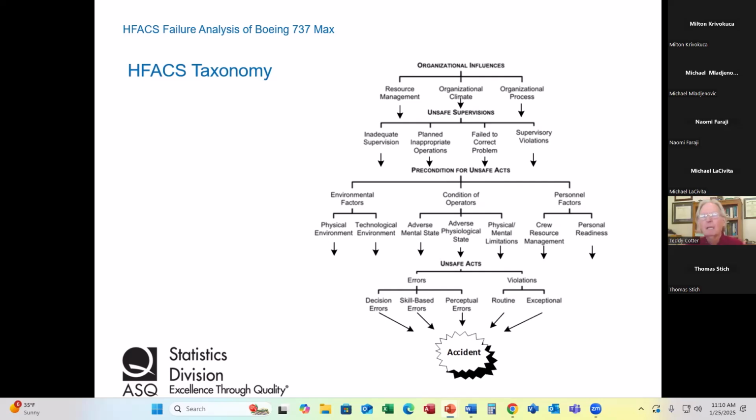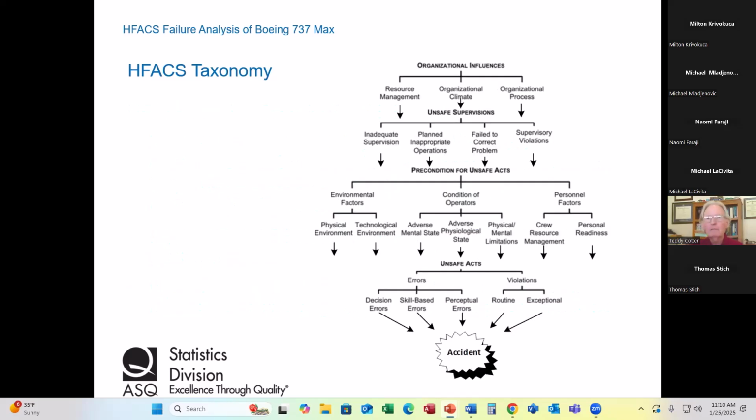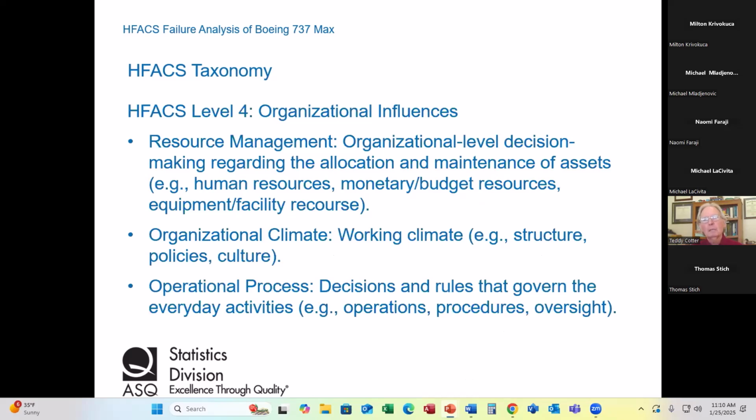Okay, so that's our taxonomy. We'll start out at level 4 and work our way down. Organizational influence, resource management. This is organizational level decision making regarding the allocation and maintenance of assets: human resources, monetary budget resources, equipment and facility resources.